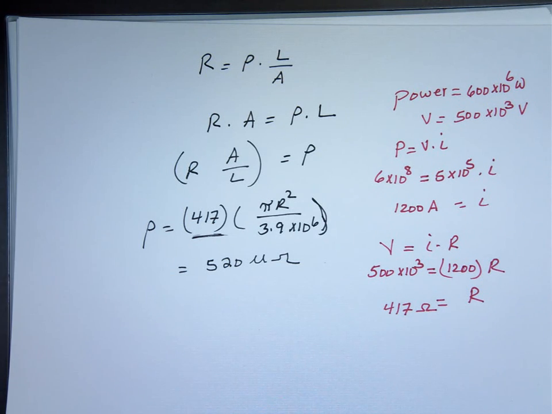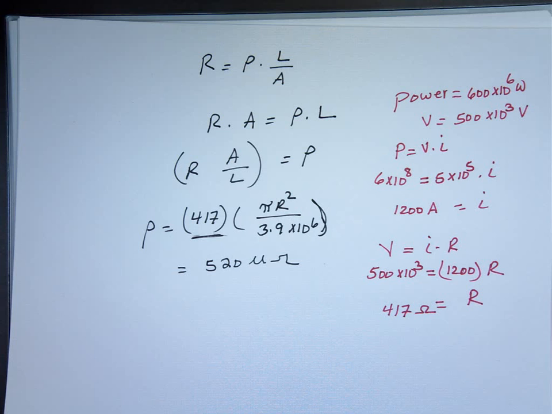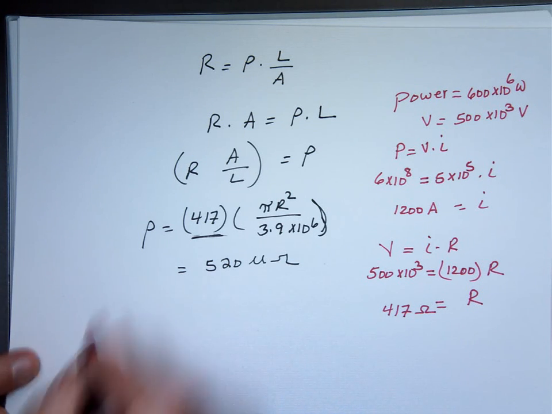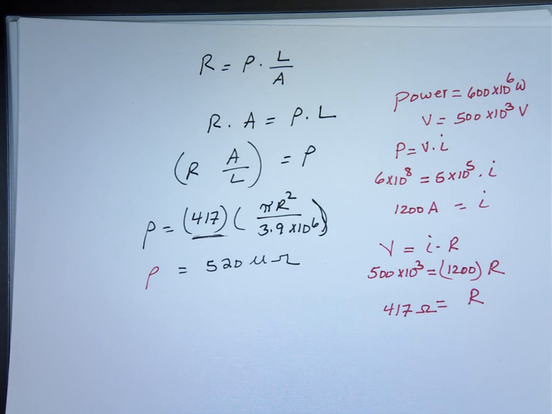That's the maximum resistance you can have for that cable. So now we can select what kind of cable to use over that distance, because cables come in standard values, like how many ohms per 1,000 feet. I need the maximum to be this number. I can calculate what rho is. So if you know that, you can work the problem backward, figure out what rho for that cable should be, and figure out what material to use.